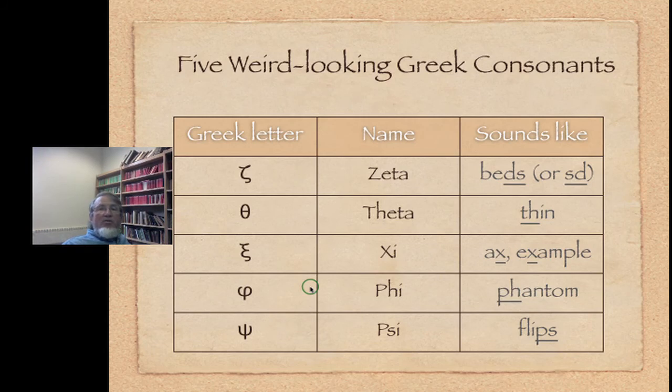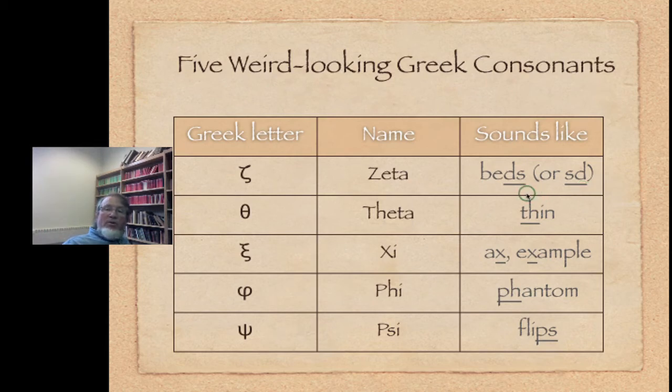And here are 5 other consonants that are just strange looking and frankly will take some getting used to. This one is like our Z. It's called zeta. Originally, it was probably pronounced zd. We don't have many words in English that have the zd sound in them.